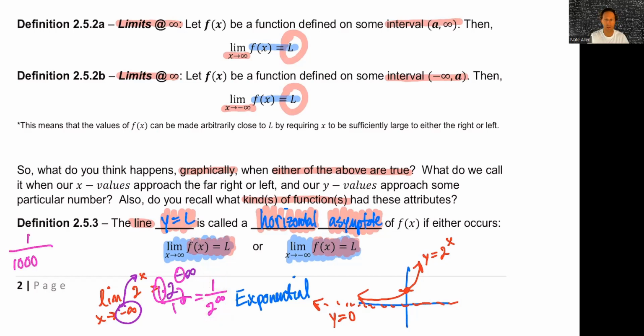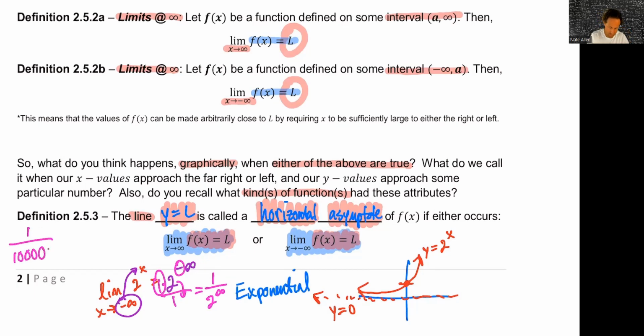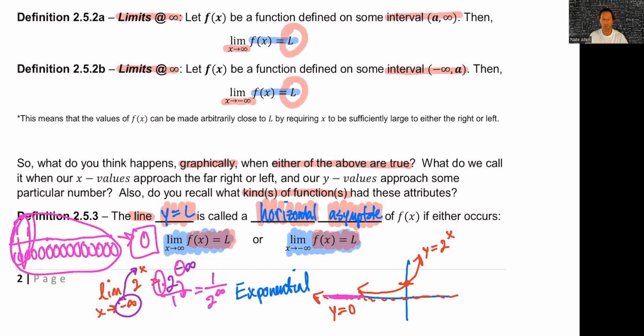Well, there's 1 over 1,000. You know, that's 1,000th. That's really small. But what if I kept doing this? And kept doing that because it goes to infinity. What does that mean that this is approaching? Well, 1/10 is small, 1/100th is smaller, 1 whatever that is really small. And so it's approaching the number 0, as we can see.